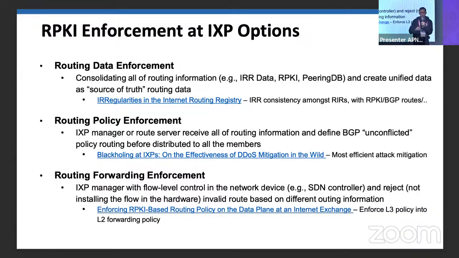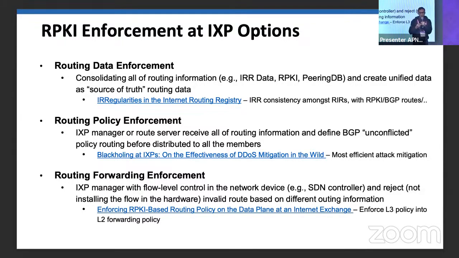So you can combine different data from RPKI itself, then IRR data, and PeeringDB, and so on, to make your own consolidated data that you can use to fit into your IXP server or any other mechanism.